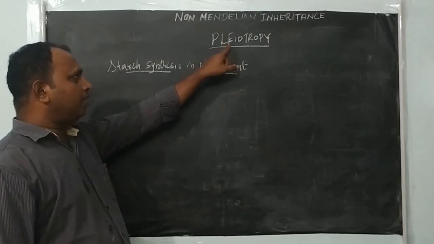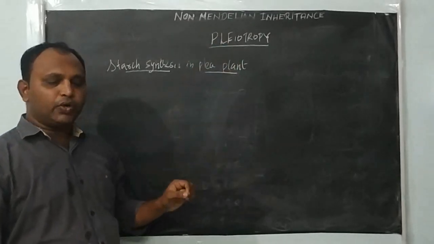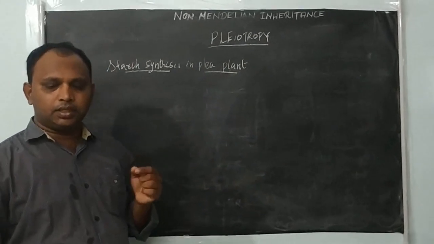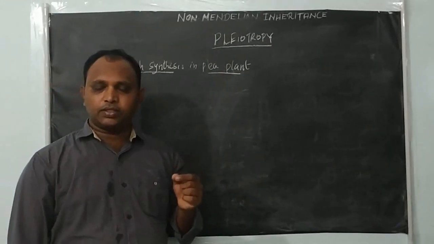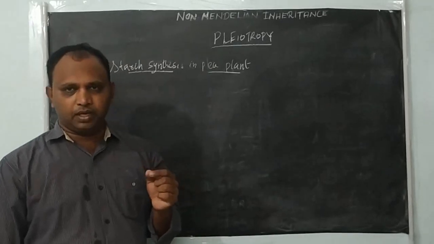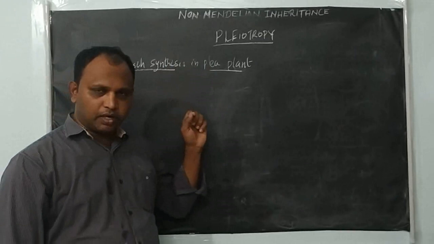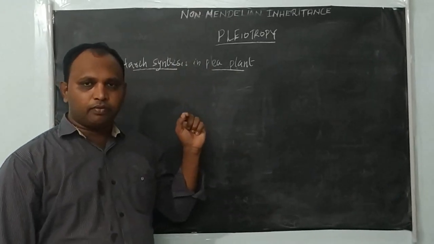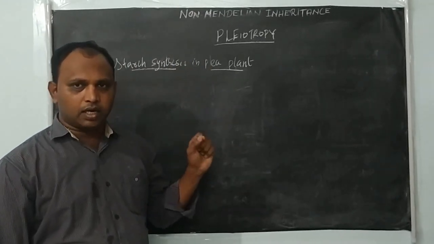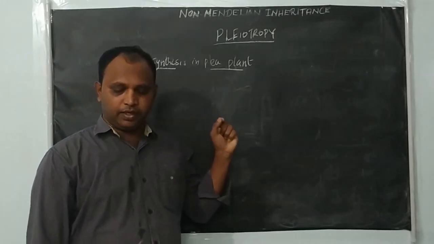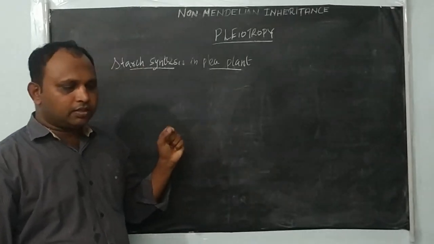Next non-Mendelian inheritance is pleiotropy. Pleiotropy is nothing but a single gene product producing more than one phenotypic effect. So if a single gene product produces more than one phenotypic effect in an organism, that phenomenon we can call pleiotropy.